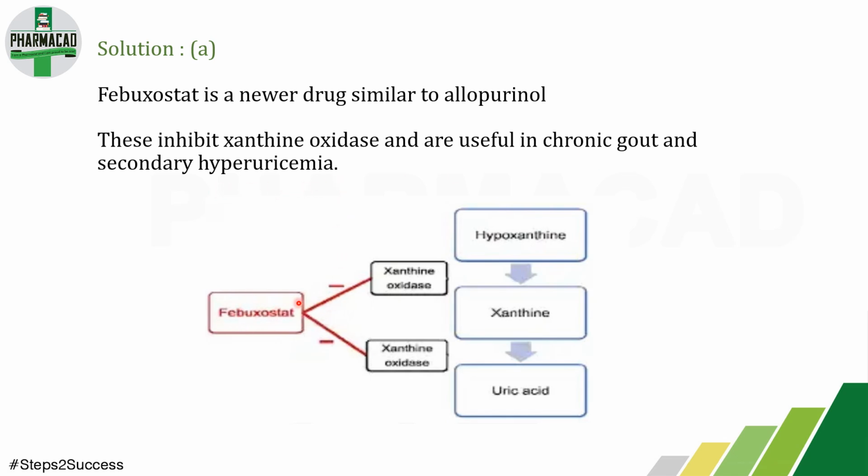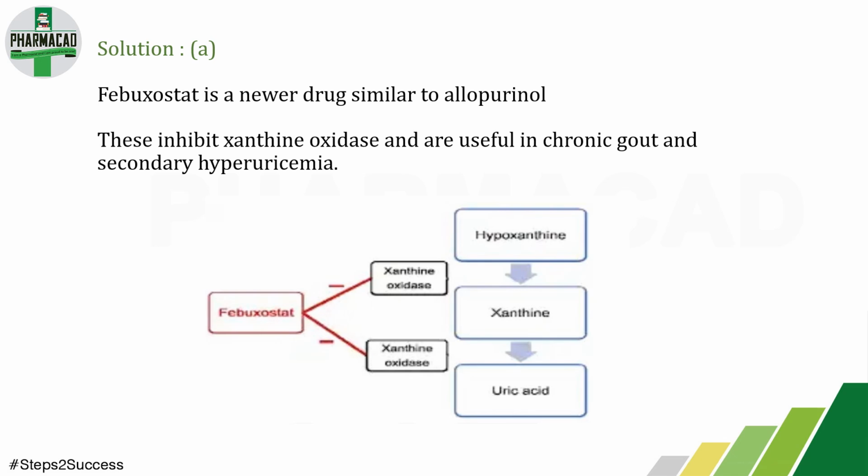So febuxostat, what does it do? The conversion from hypoxanthine to xanthine and xanthine to uric acid, xanthine oxidase is responsible for these conversions. Febuxostat will antagonize it. Hence both assertion and reason are true, as well as reason is correct for the given assertion. Hence the correct option is A, that is both A and R are true and R is the correct reason for A.